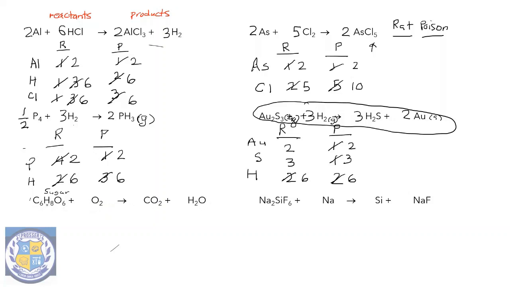This particular hydrocarbon is sugar. This is the chemical formula for sugar, in particular glucose. This is what is going on inside the cells of our body, and this is how we get a lot of energy. So another product of this is energy.